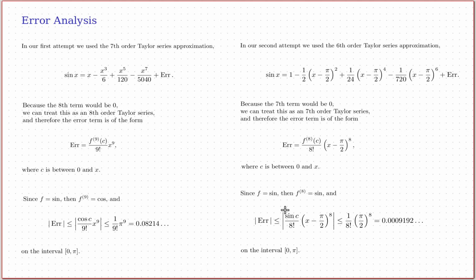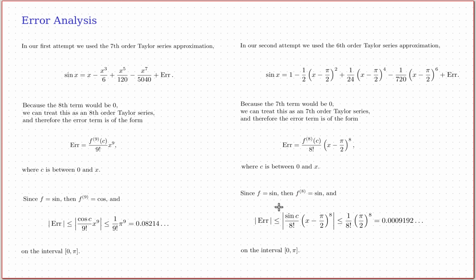Well, worst case scenario, let's see. Let me point out, f is equal to sine, so the 8th derivative of f is also sine. If you have sine or cosine, then the 4th derivative is always the same as the original function, so the 8th derivative is also the same as the original function.